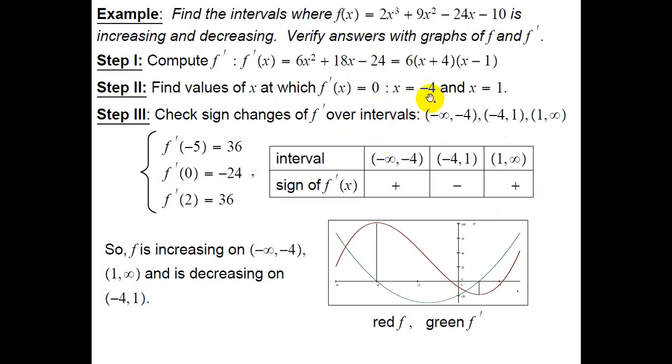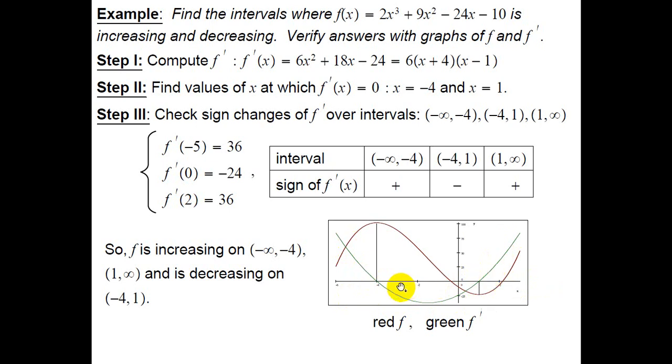If you scale on this x-axis, you may get two values, minus 4 and 1. These are the two values where the solution of the first derivative of that function lies.